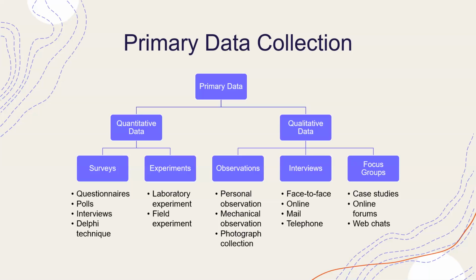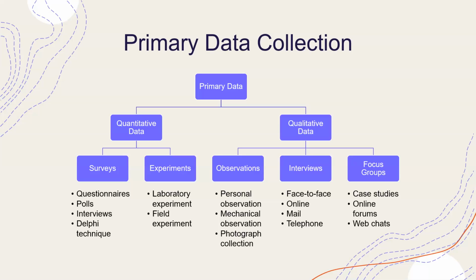Observation method is used when the study relates to behavioral science. It can be done while letting the observed subjects know that they are being observed, or without letting them know. Observations can be made in natural settings as well as in artificially created environments.